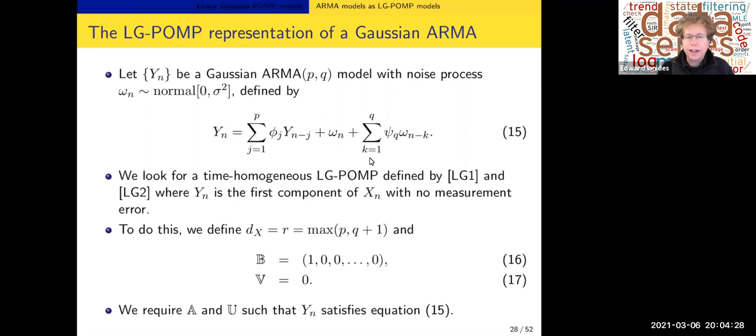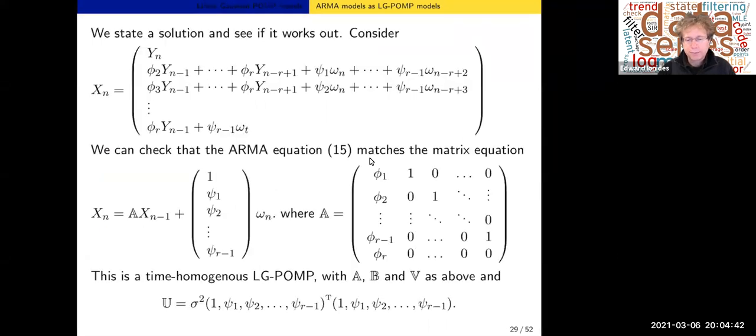And this is a 1 by dx matrix. And V is 0 since it's measured exactly. Now, what are A and U going to be? Well, let's write down some A's and U's and then check that they work.